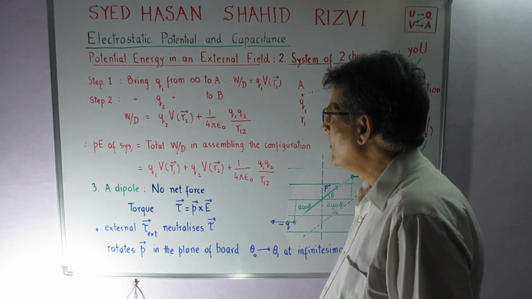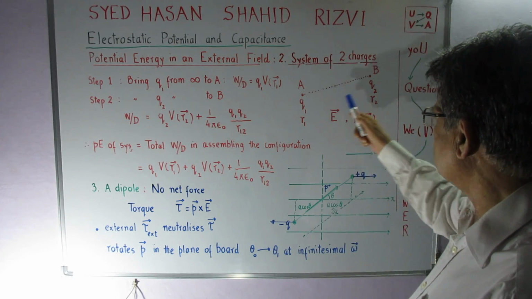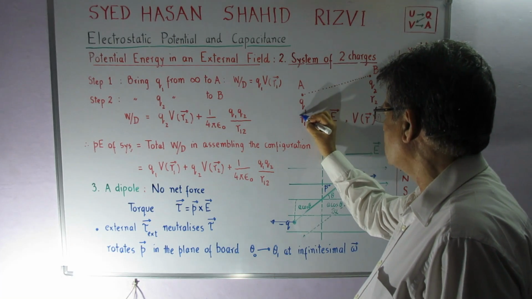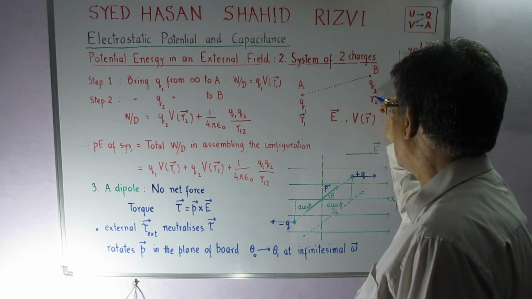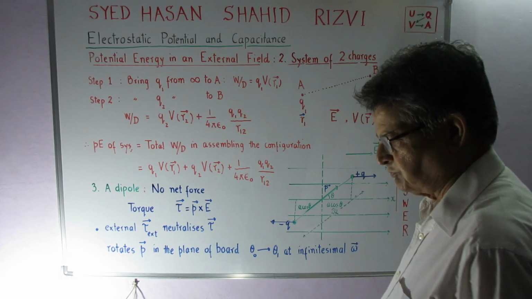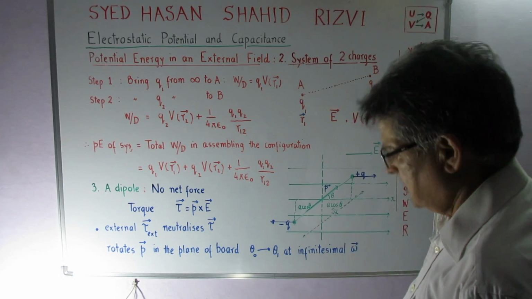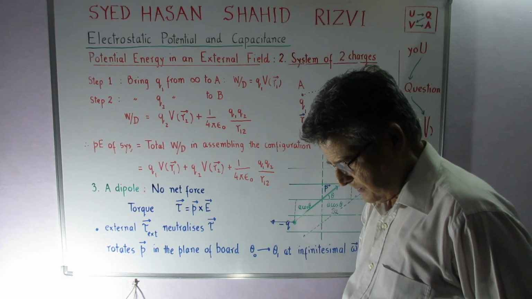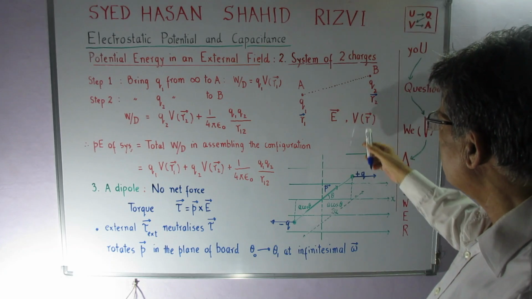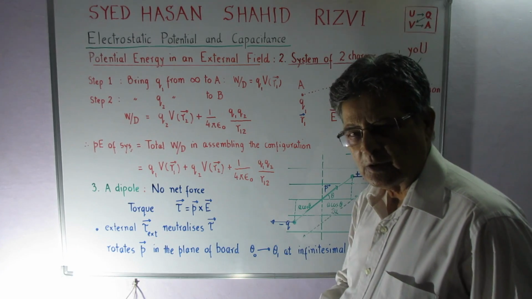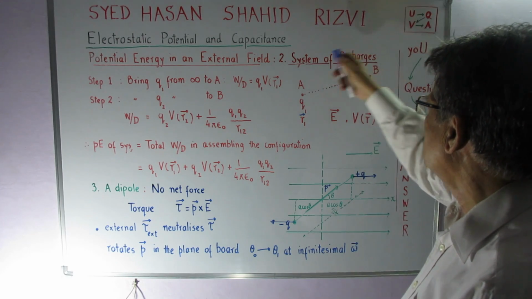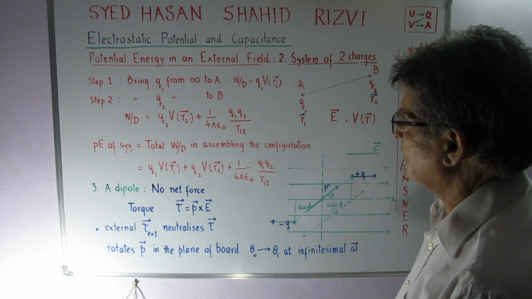Now, I have a system of these 2 charges which are located at the positions R1 and R2, which are the coordinates of these. And around here, I have only these 2 charges, and I have an electric field and a potential profile with various points around, this point also and this point also.